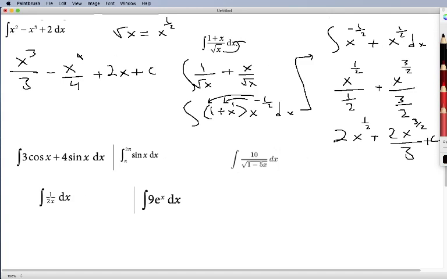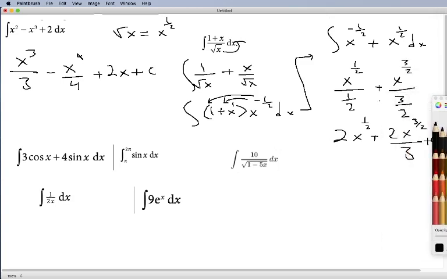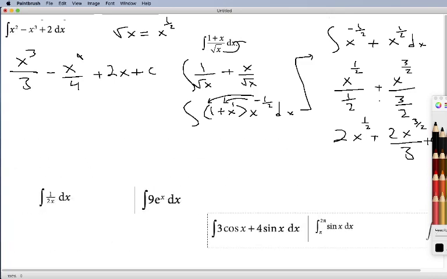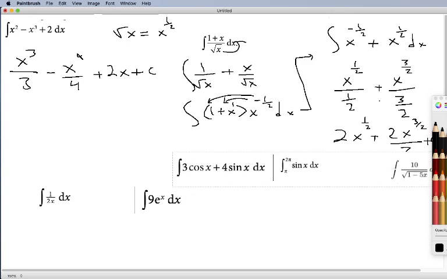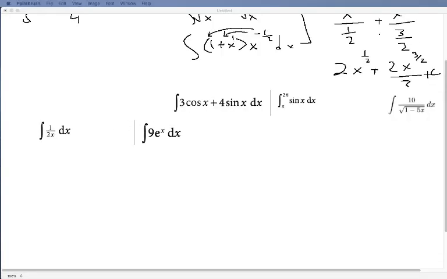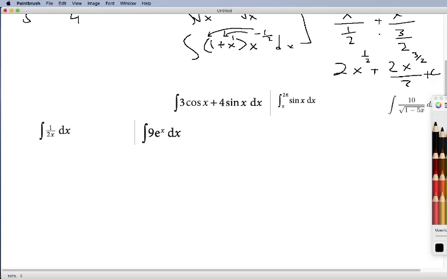Question number 3, if we look at it. Okay, for this one here, the easiest thing to realize is that you have this 1/2, and you can actually take that outside of the integral.